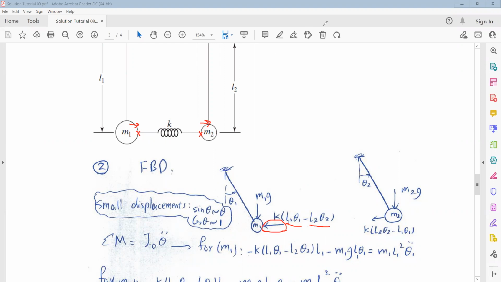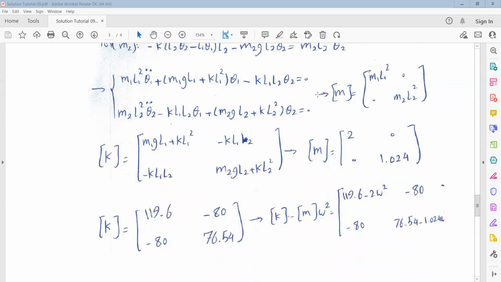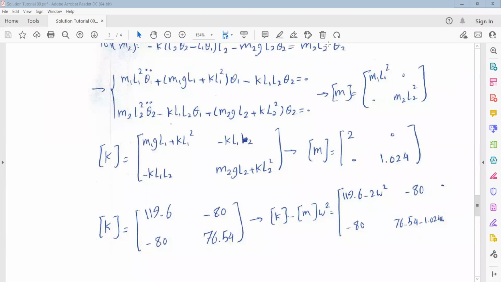So this is the direction of the spring, and we can easily write the moment equation for both masses and extract the equation of motion, as you can see here. This is the first equation.